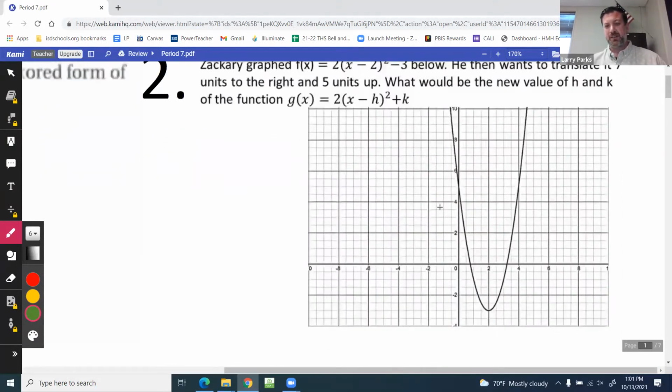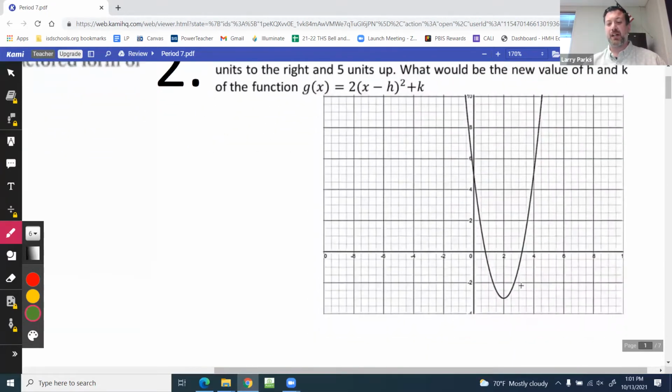So what I'm going to do is, all you really need is the vertex. So you're going to go 7 units to the right. So 2 plus 7 is 9. And I believe that says 9 right there. So you're going to go 7 units to the right, 5 units up. So 7 to the right, and then this is at -3.